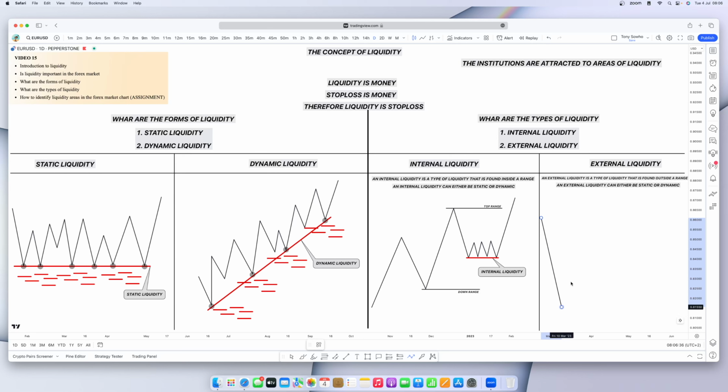And then we started to have a higher low, and then we have this higher high, okay? And then we have this higher low, yeah? And the price gives us this higher high, something like this.